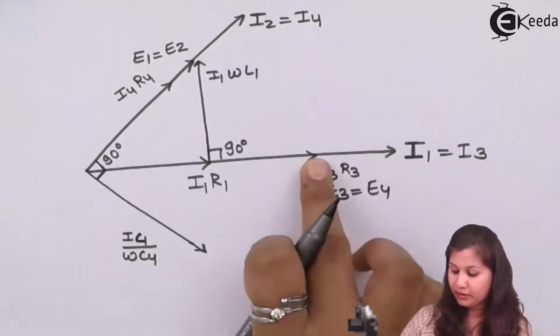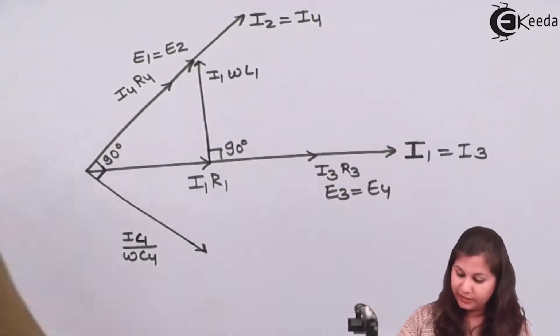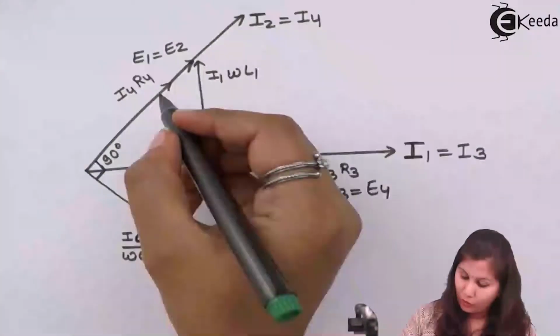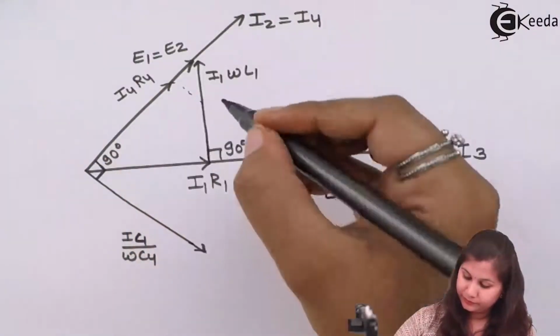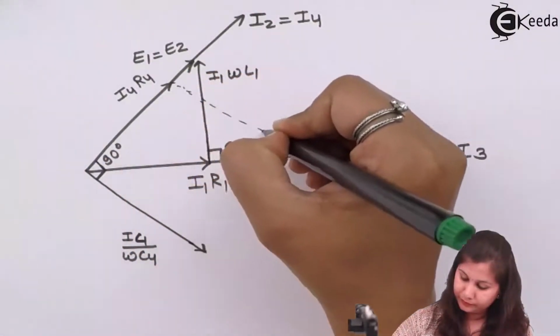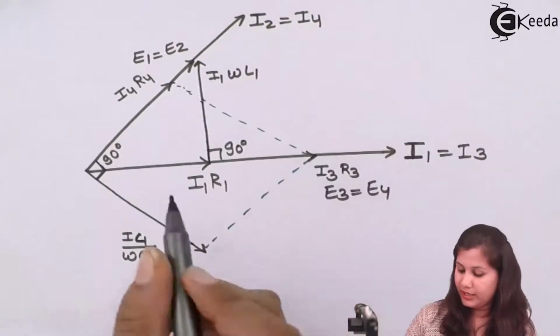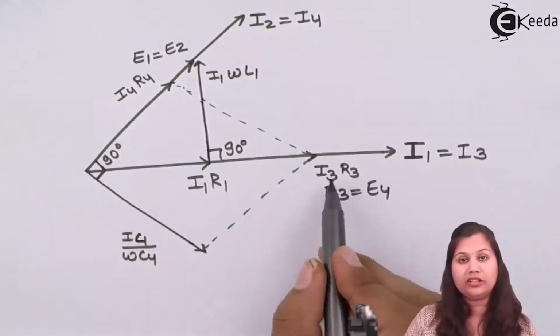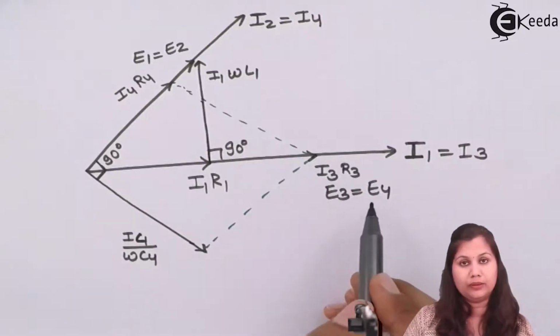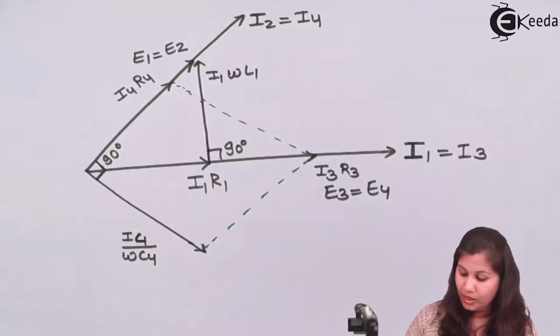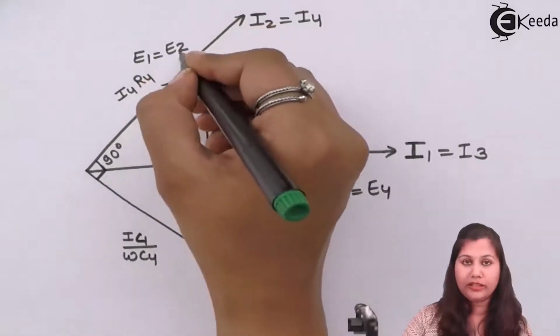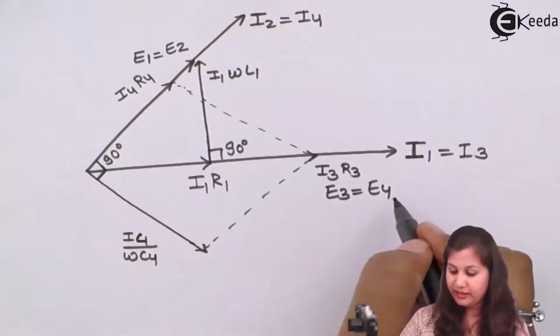E4 is drawn here. So when we draw the resultant of this I4 R4 and this I4 upon omega C4, it is equal to this E3 or E4. Now this was E1 or E2, and this was E3 and E4.